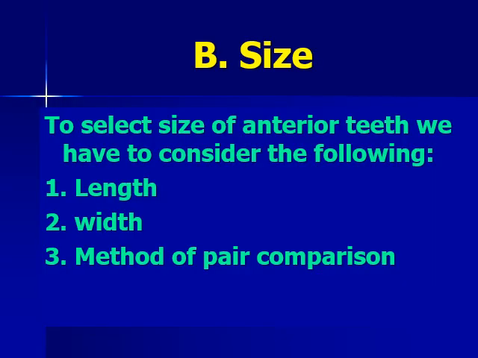Now, for the selection of the size of anterior teeth, we have to consider the following: length of artificial teeth, width, and method of pair comparison. As I asked you previously, focus on the third method because it is repeated for each factor.